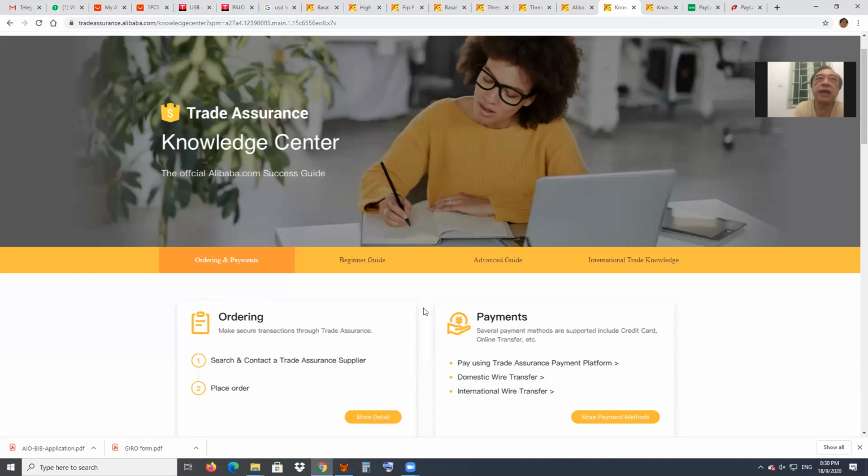From my understanding, because I'm not very sure with the China policy, when you use the Alibaba trade assurance, the vendor must deliver the goods to an Alibaba export center, some place where Alibaba exports out. So they can be assured that this thing is being exported out.